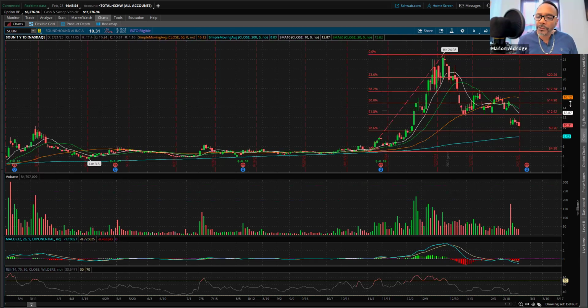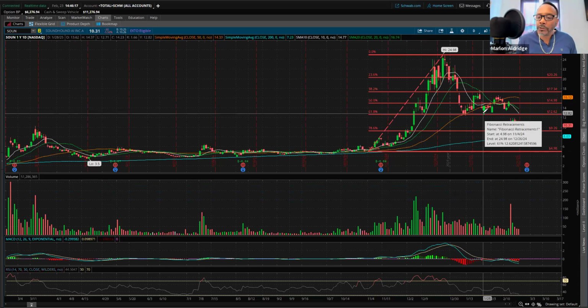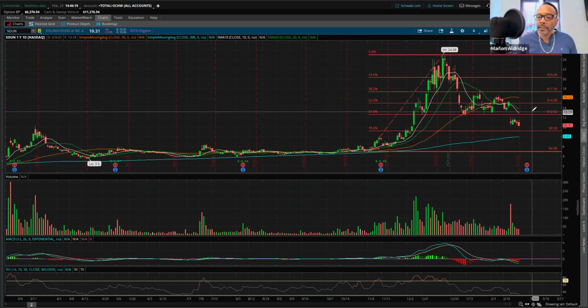Now, for instance, if you look over here at the 61.8% level, that equates to $12.62. Some people would say, hey, that is a good point to enter this particular trade. Or some people could have made the determination that that was a good point to enter.